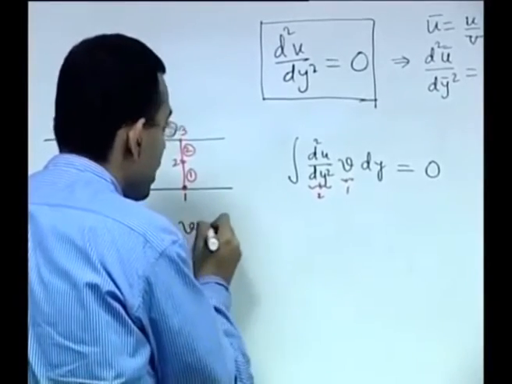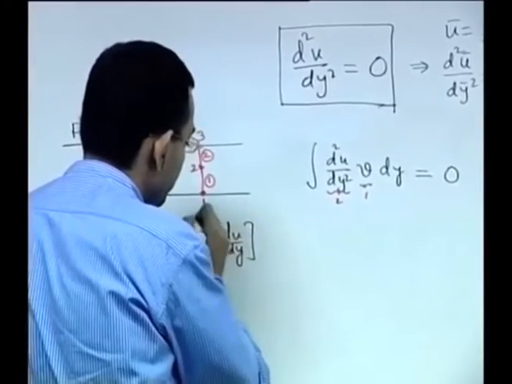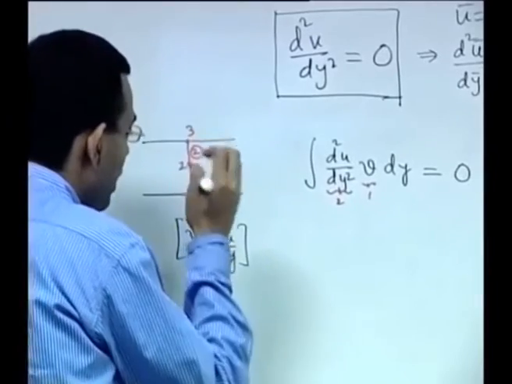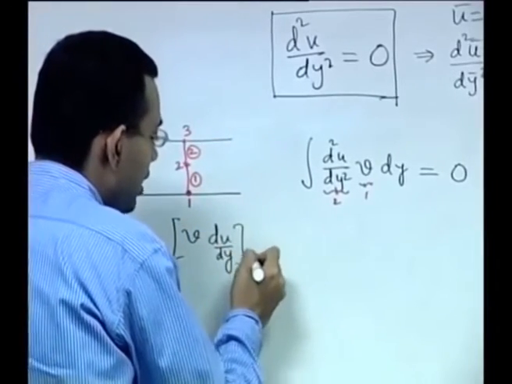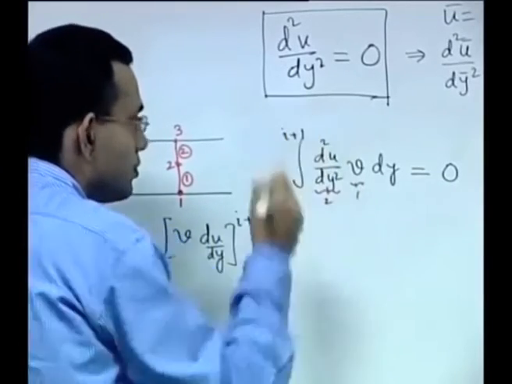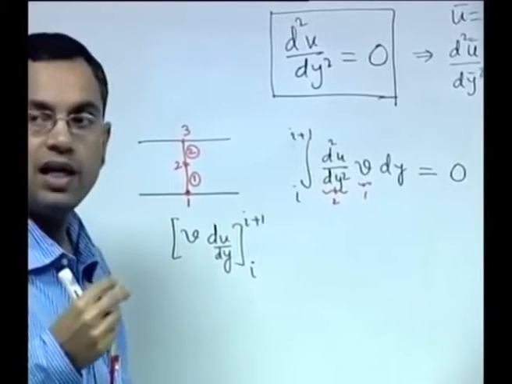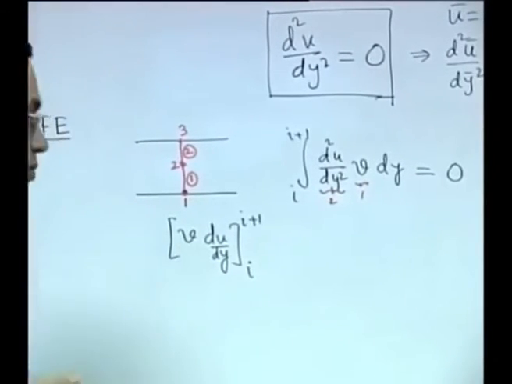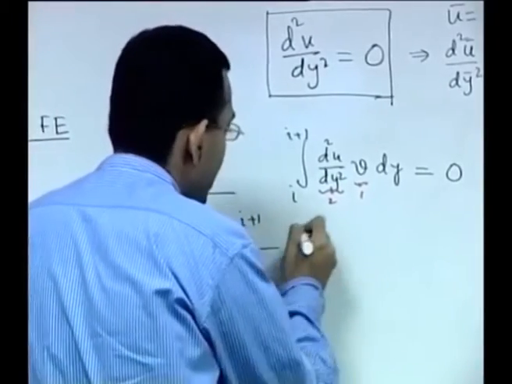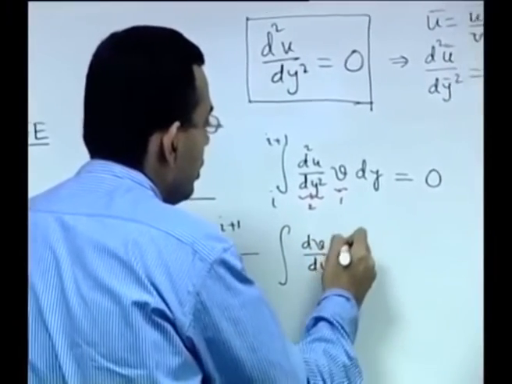So v into du dy, let us consider any generic element, so from I to I plus 1, some generic element which has two nodes, one node number I, another node number I plus 1, minus integral of derivative of first into integral of the second.